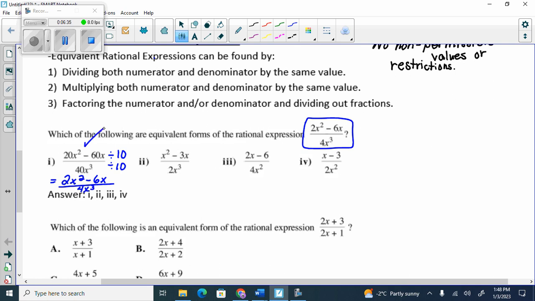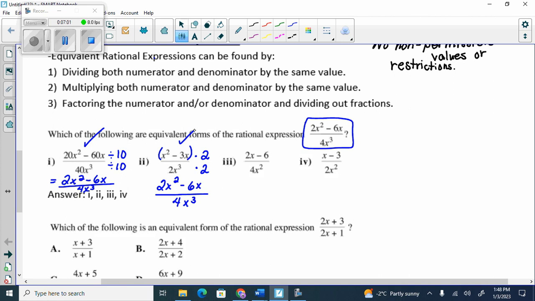Perfect. Now I look at 2. And I say, what do I have to do to x squared to get 2x squared? Well, I have to multiply by 2. And because it's equivalent, when I do the top, I have to do the bottom. So on the top, I'm going to get 2x squared minus 6x. And on the bottom, I'm going to get 4x cubed, which every single term matches, so I know I'm right.